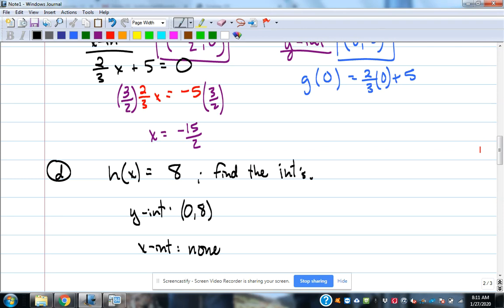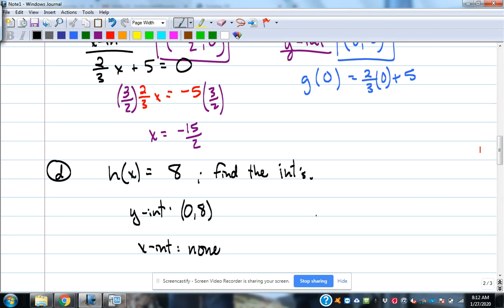What's the domain of that? Negative infinity to positive infinity. What's the range? Just 8.